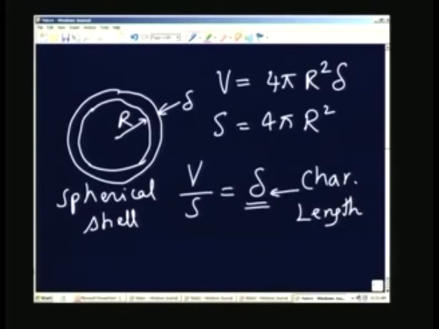So, if I have the sensor attached to a small spherical shell, what is the advantage I am going to have? I am going to have a very small characteristic length, and this characteristic length being small, it means that it is going to reduce the time constant of the system. Therefore, instead of taking a spherical solid object, if I take the object in the form of a spherical shell, I will be able to reduce the time constant, because the characteristic length is going to reduce.